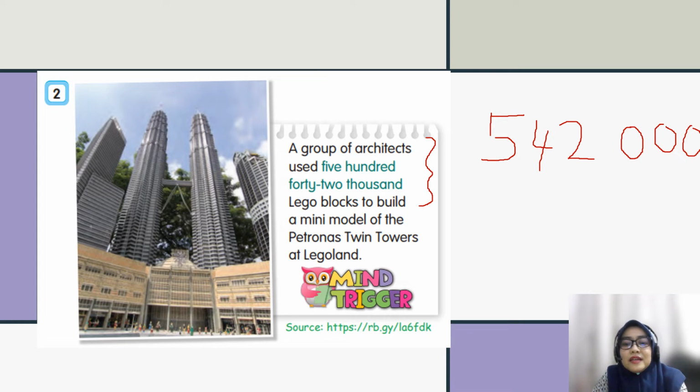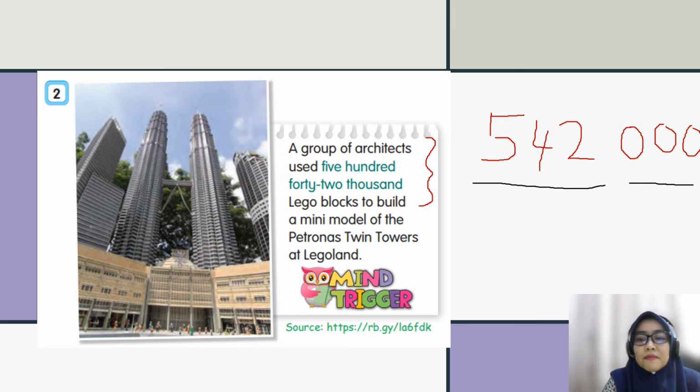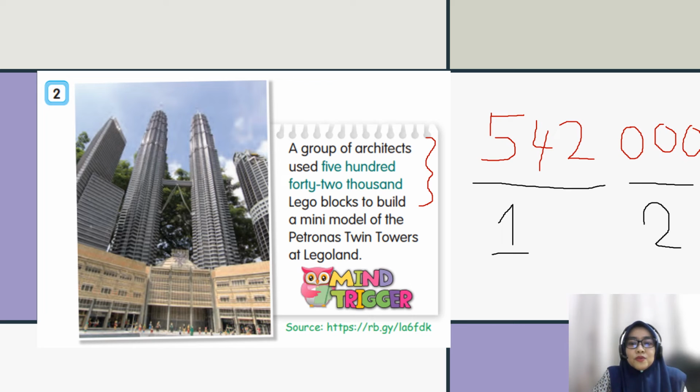We write it in numerals like this: we have thousands here, and then part 1 and part 2. So 542,000.